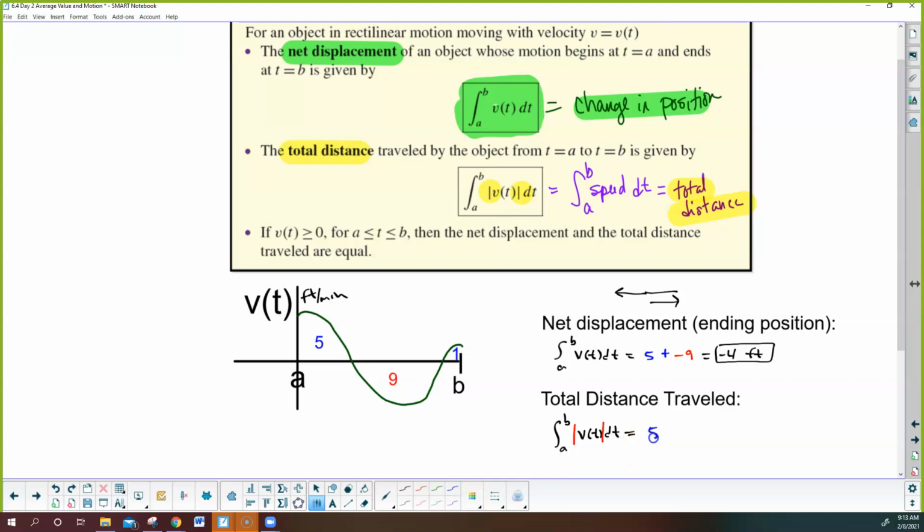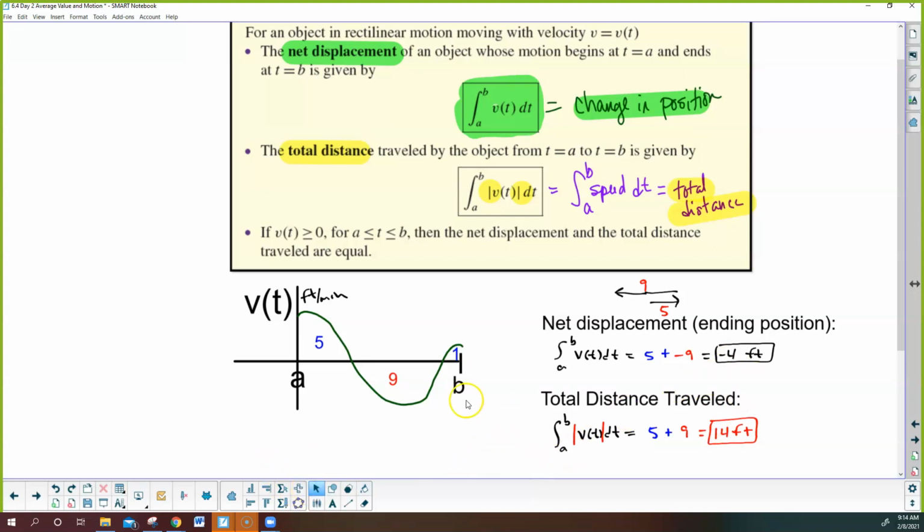The 5 stays positive, and the 9 turns into a positive. And what does that mean? Total distance. Well, if I traveled 5 feet to the right and 9 feet to the left, how far did I walk total? I walked a total of 14 feet. So that's the difference between net displacement and total distance.